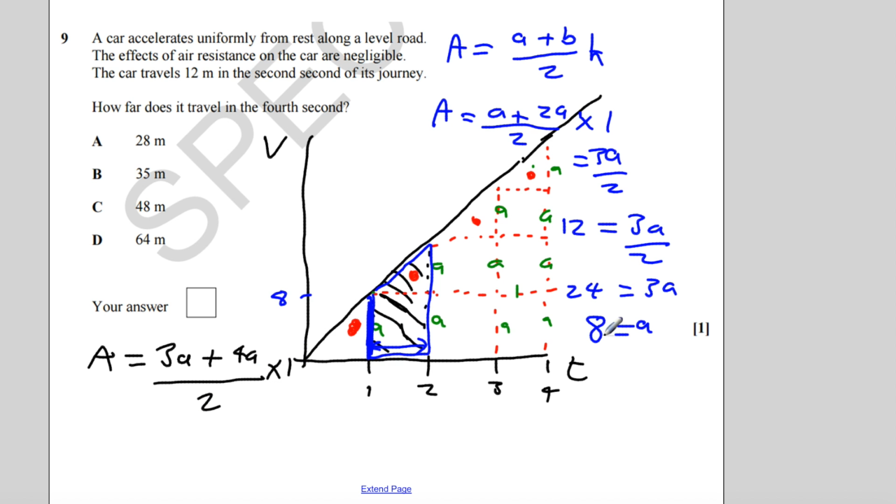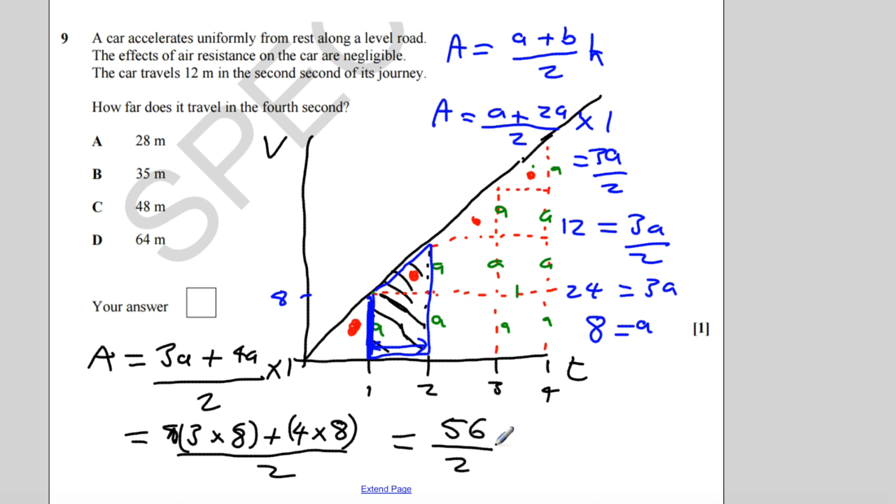Now remember, a is 8, so that'd be 3 times 8 plus 4 times 8, over 2. So that's effectively 7 times 8, which is 56, divided by 2, which is 28, which is answer A.